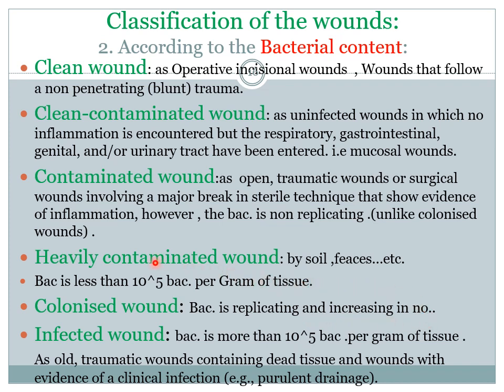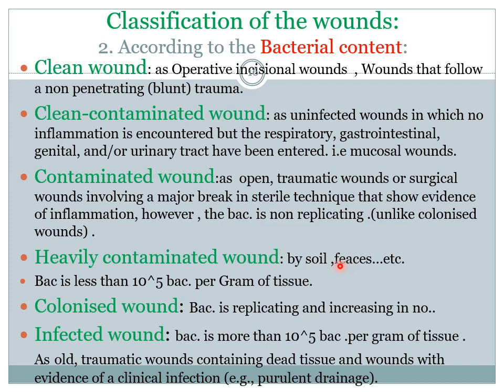The important category here, the heavily contaminated wound, is the wound that contains less than 10^5 bacteria per gram of tissue. If you can see the soil and feces by your eye, that is a heavily contaminated wound.